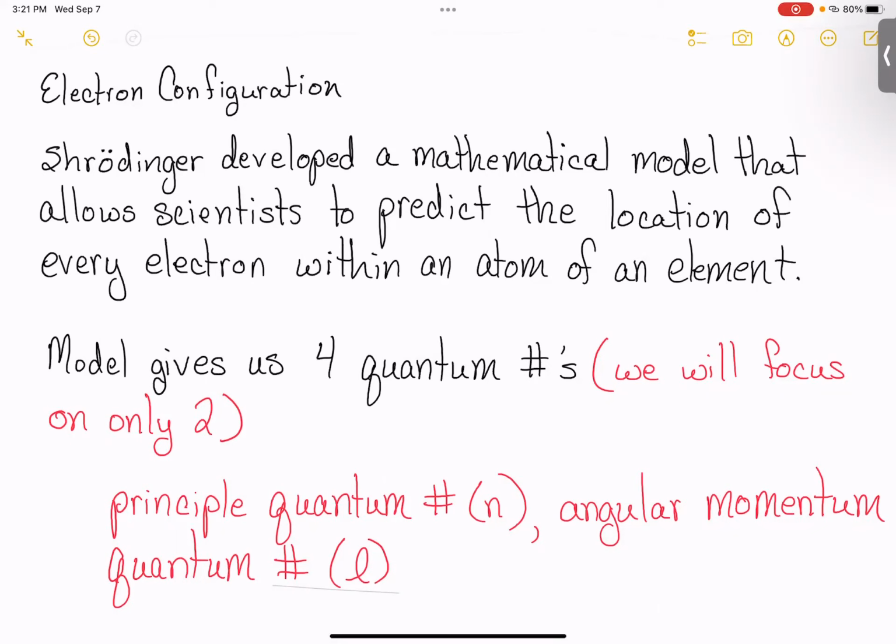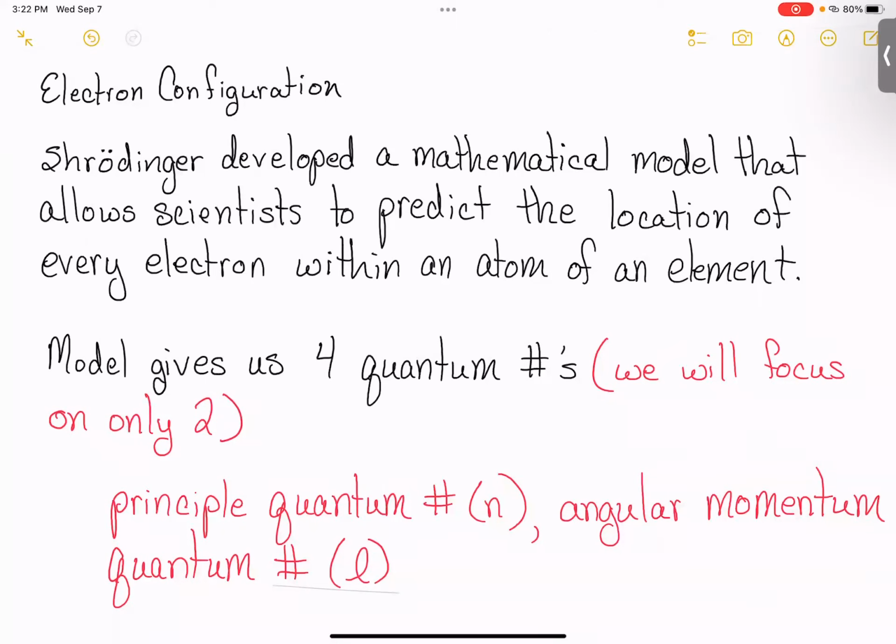And when I say a bunch of math, I'm talking calculus, specifically integrals. It's multiple integrals and takes forever to do for just hydrogen, which is the smallest atom. But anyhow, this mathematical model produced these quantum numbers. And by using these quantum numbers, we have an idea of where the electrons are located.